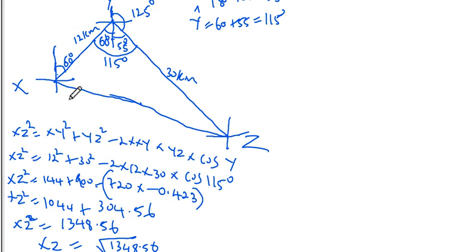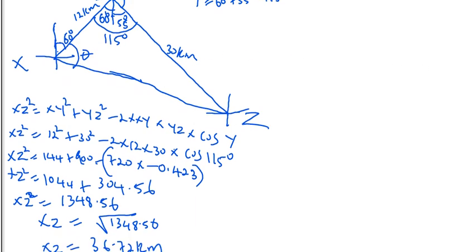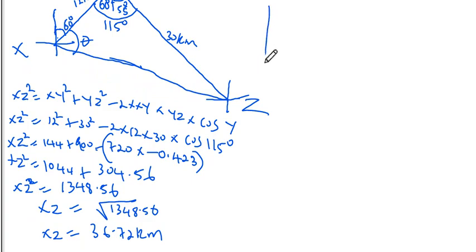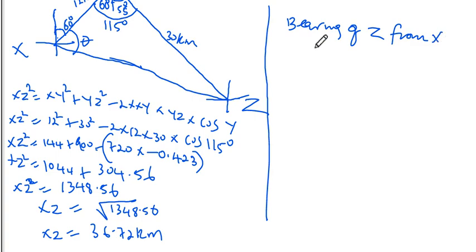So that becomes 60 plus this other angle. We don't know what it is, so let's call this angle theta. So the bearing of Z from X is equal to 60 degrees plus theta. Let's get theta.